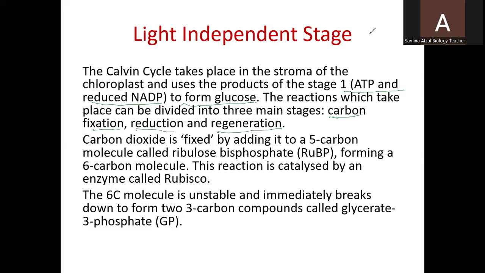The carbon dioxide is fixed by adding it to a 5 carbon molecule called ribulose biphosphate.